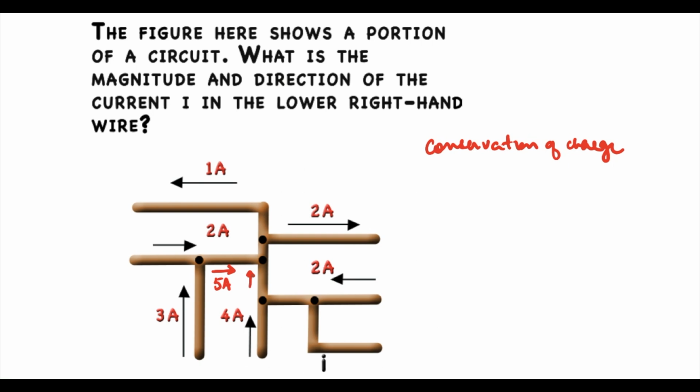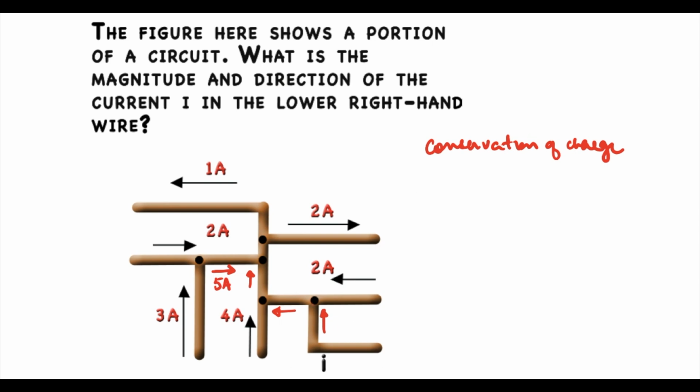But we can always take a given direction to begin with, and when we work it out, it should automatically correct itself. So up to this point, let's say this is the current I flowing out from this junction. Then there would be a certain amount of current coming in from here, and that would mean a certain flow of current either this way, or we could assume a direction over here as well.